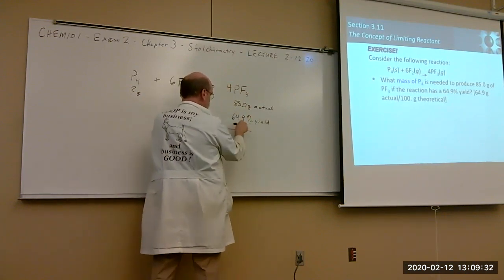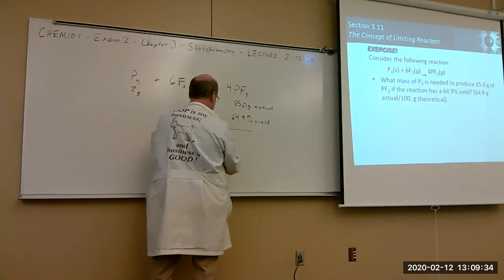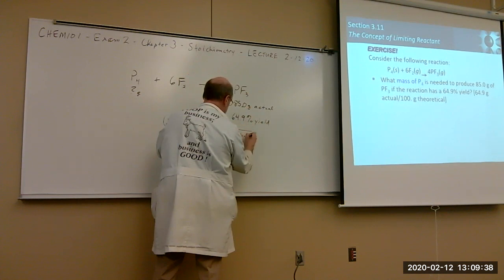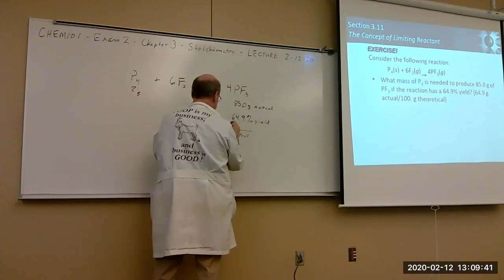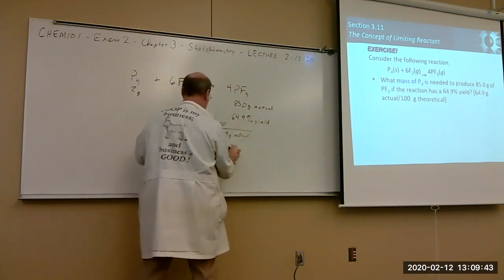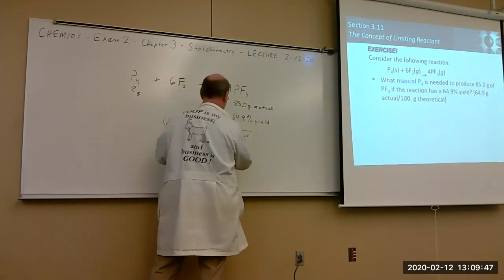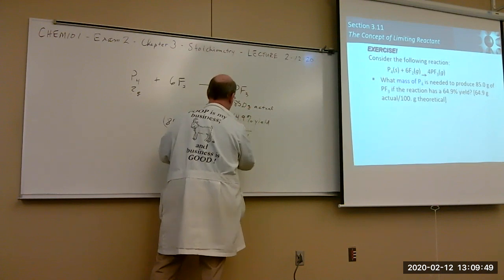So this is the yield, this is actual, 64.9 grams actual for every 100 grams theoretical. Here we go.